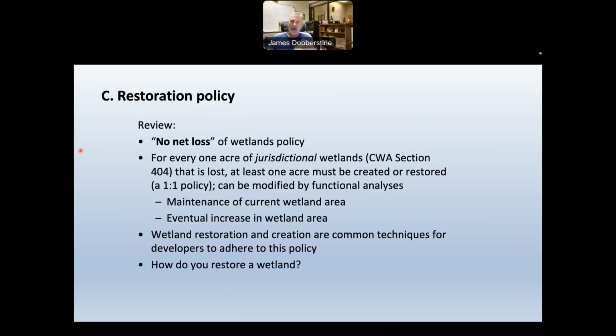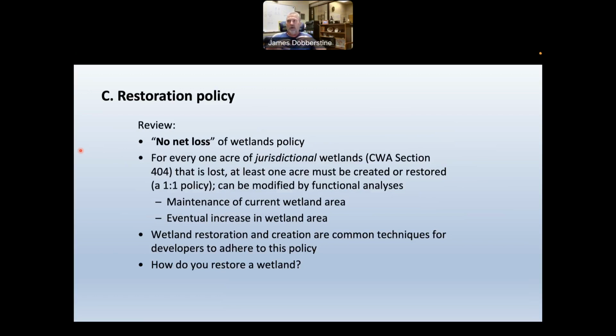We also talked about how that can be modified under certain circumstances based on functional analyses. So the idea here is to eventually increase those wetlands. So wetland restoration and creation are common techniques for developers to adhere to this policy, right?